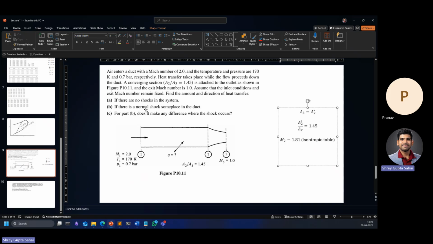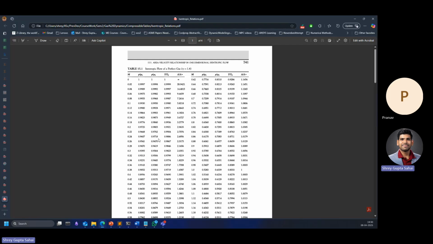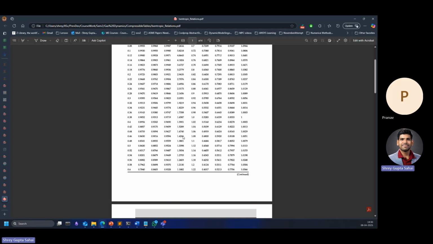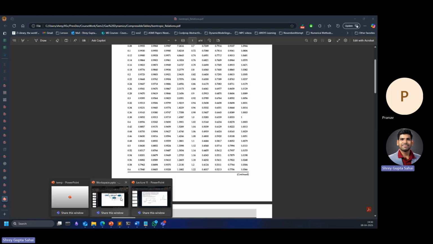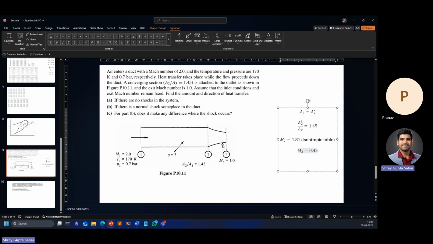But the question hints that there is a normal shock somewhere. We know that from the supersonic regime it will go to the subsonic regime. So now we need to find the area ratio corresponding to a subsonic Mach number. If we do that, the Mach number corresponding to 1.45 will be somewhere close to 0.45, right? So in the B part, 0.45.